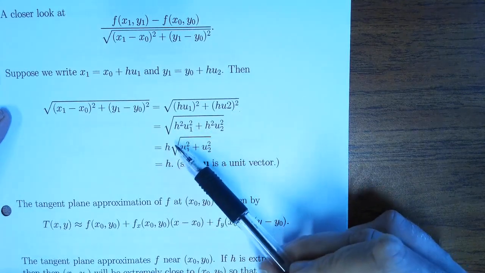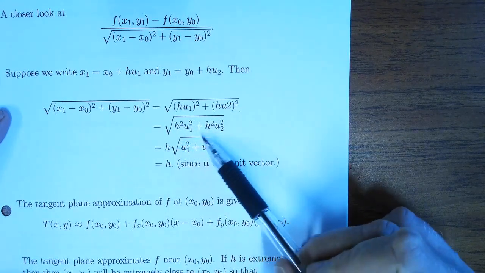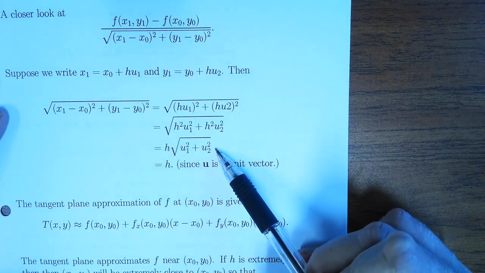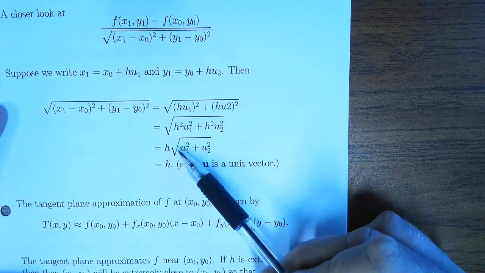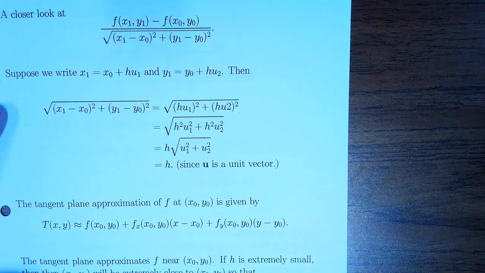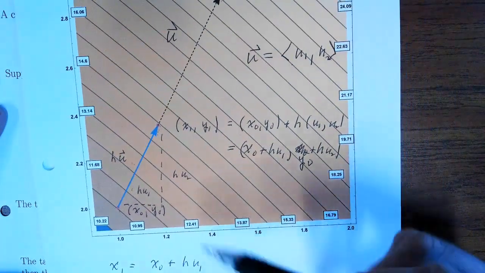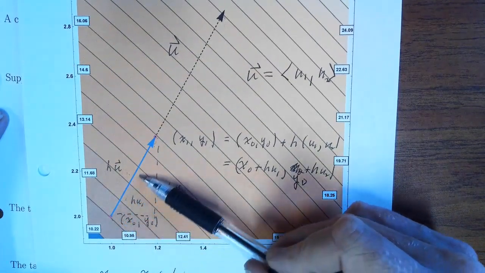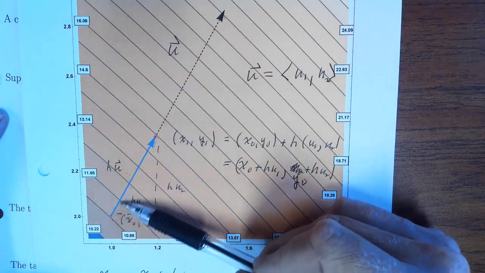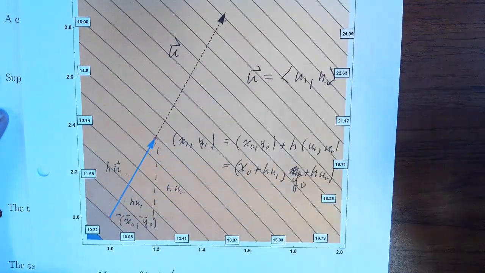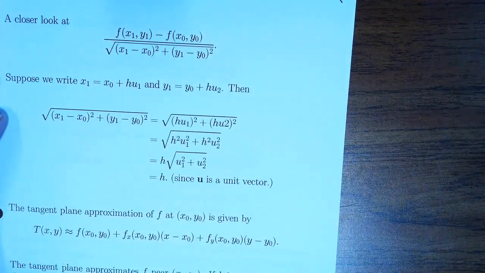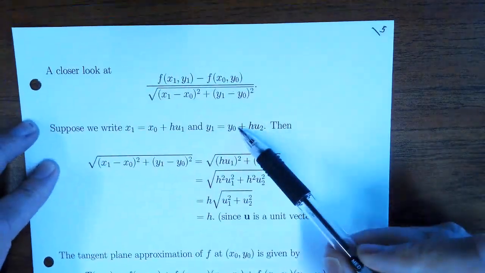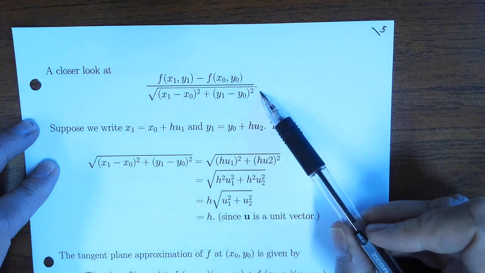That's because the square root of u1 squared plus u2 squared is 1; u is a unit vector. A simpler way to see it geometrically is just to realize that if I move h units in the direction of a unit vector, this blue length is just equal to h. So we know what the denominator of this expression is.